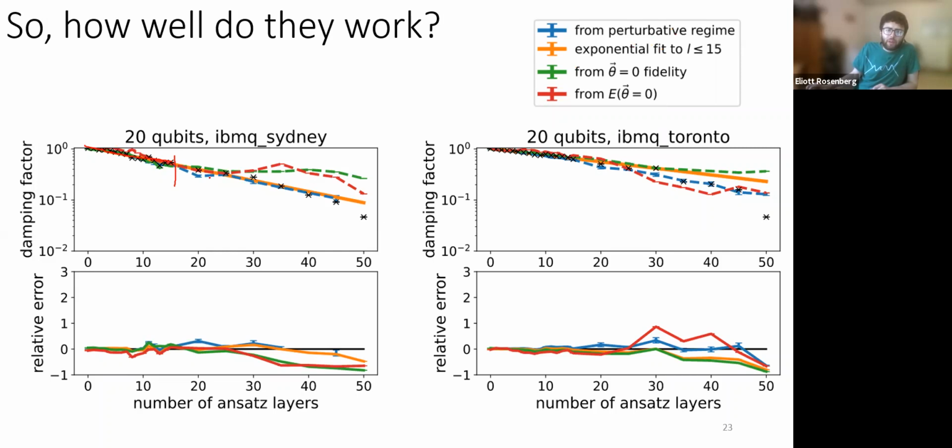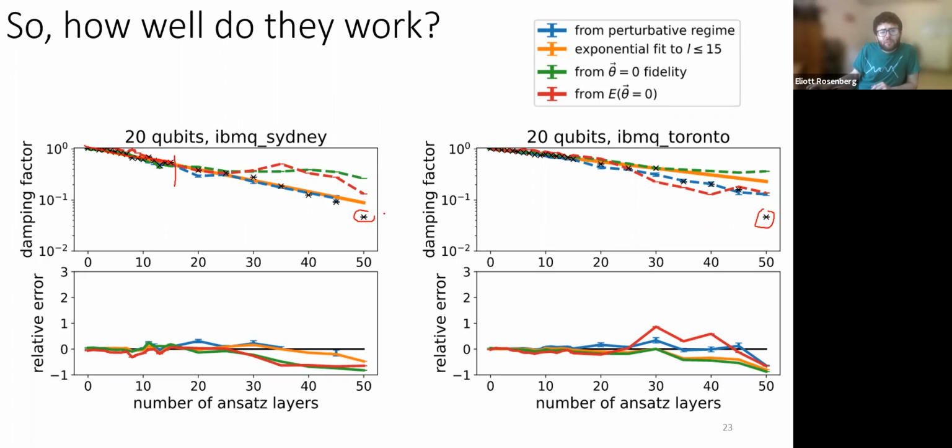That's the blue line, and you can see that's also working pretty well. And that actually captures this part here where it diverges from the orange line. So measuring the damping factor from the perturbative regime is working pretty well, but it still goes pretty wrong over here and over here. So it's also not perfect.